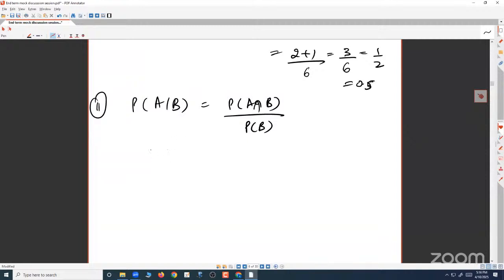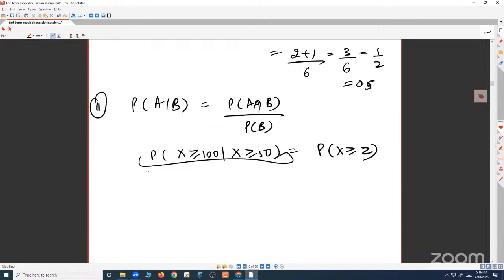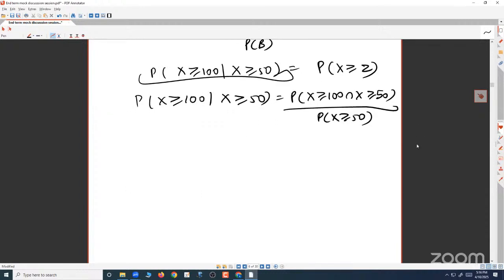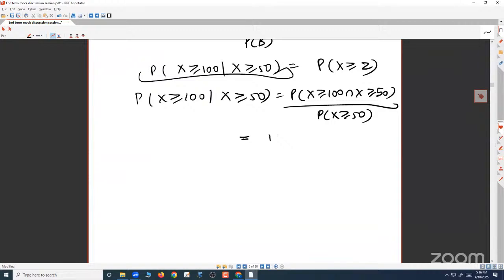So basically, it is given the probability that X is greater than or equal to 100, given X greater than or equal to 50, equals the probability that X is greater than or equal to z. Okay, let's take this left-hand side. Now I can write it like this.